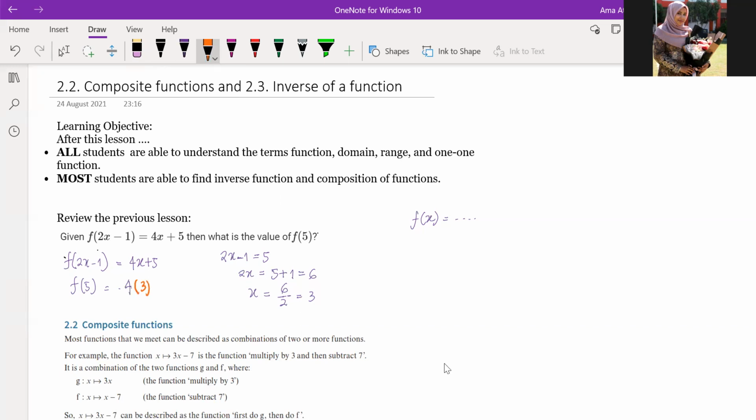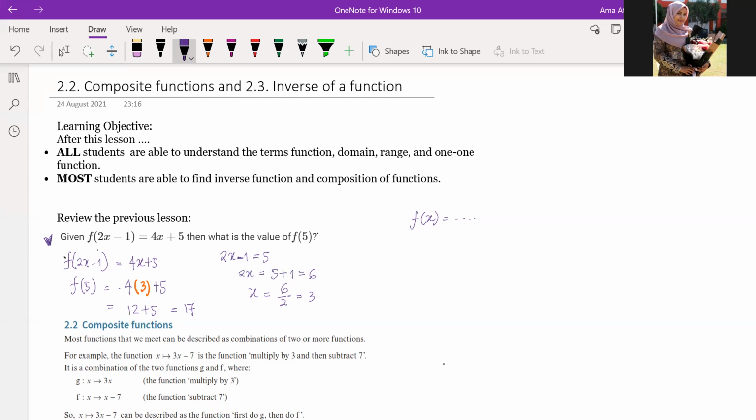We change x into 3, and then plus 5, and therefore we will get 12 plus 5, and it is equals to 17. Right.